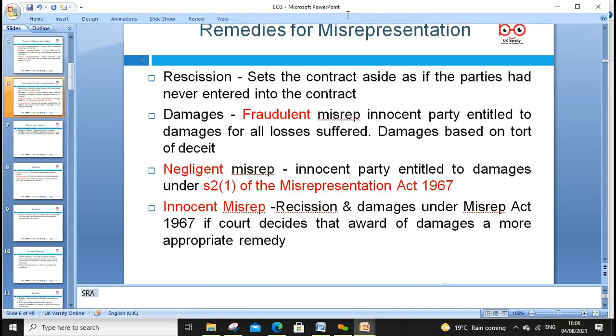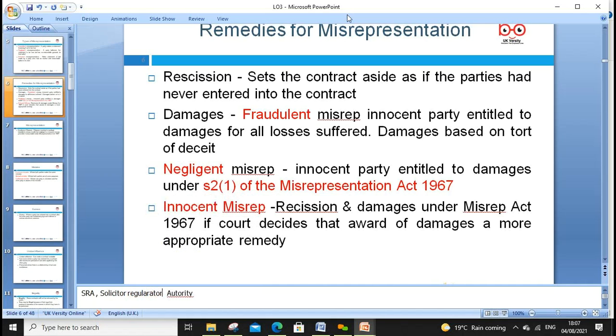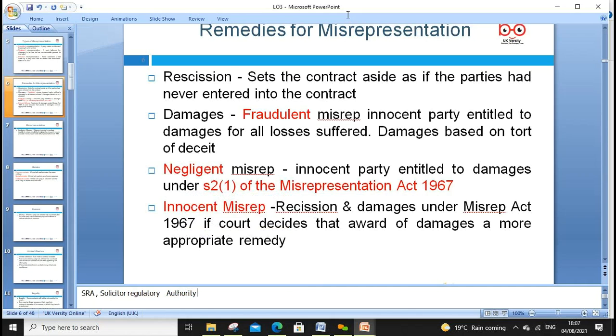Yes, this is the Solicitors Regulation Authority, the regulatory authority.